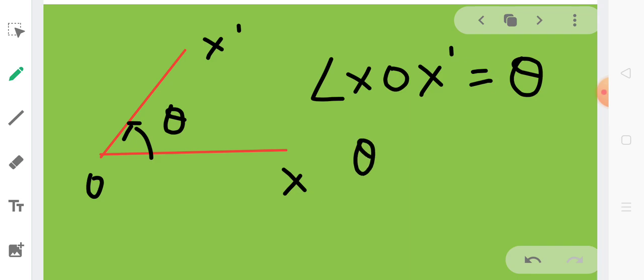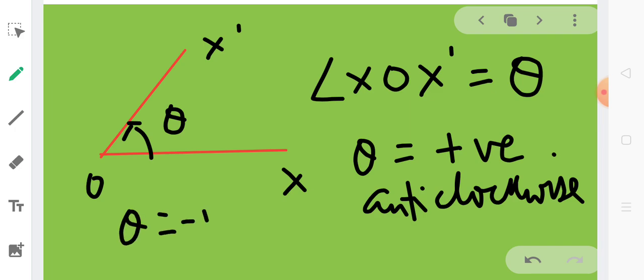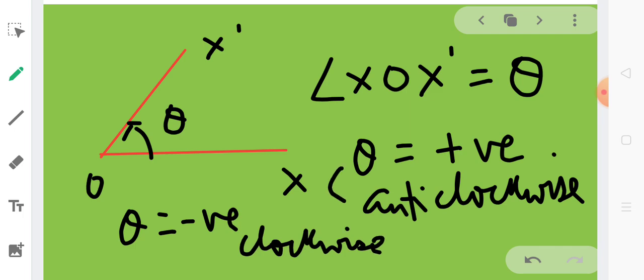Now theta is taken as positive when the rotation is anti-clockwise, as I have shown in the diagram, and theta is negative when the rotation is clockwise. So theta is positive for anti-clockwise rotation and theta is negative for clockwise rotation.